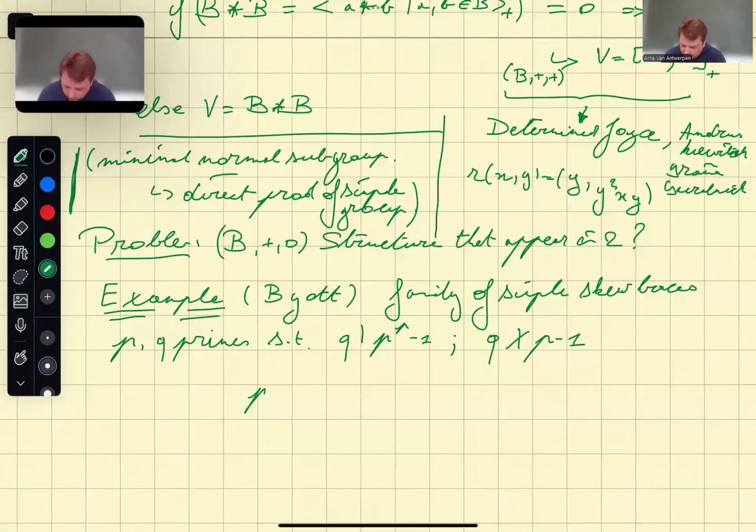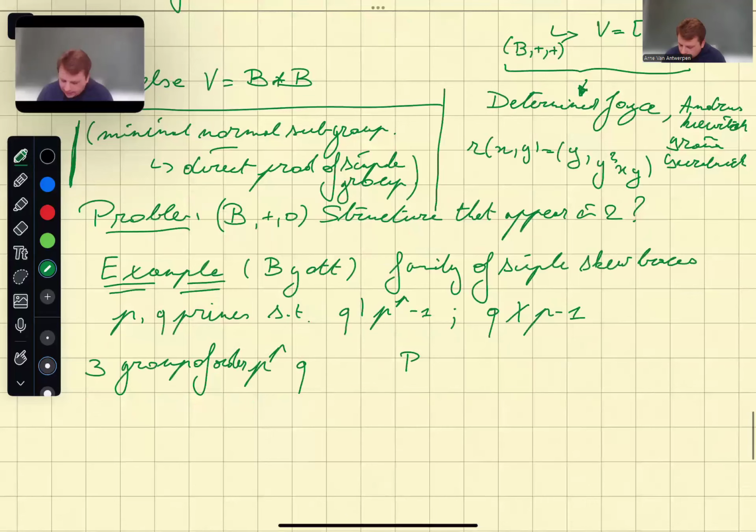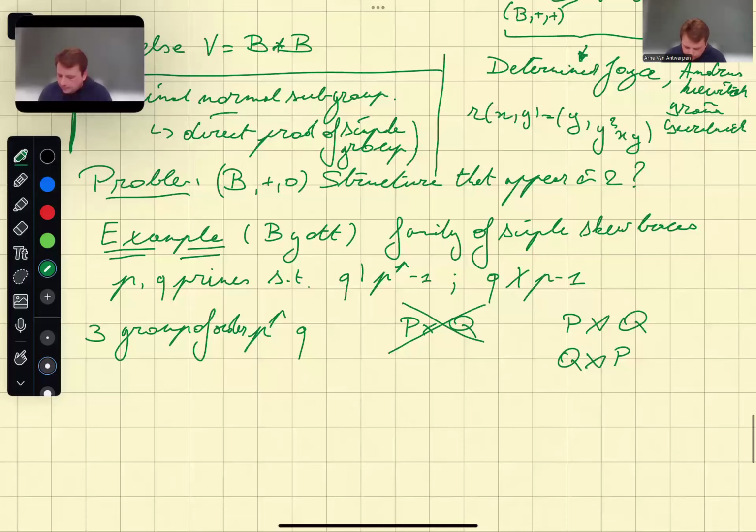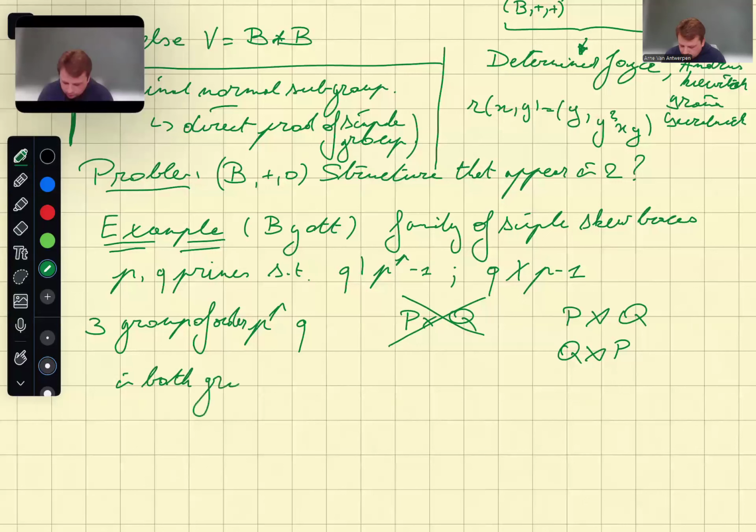So you have the direct product, which we are not interested in, and 2 semi-direct products, actually, where P stands for the p group, Q stands for the q group. And what you can show is that in both groups, you have no elements of mixed order.